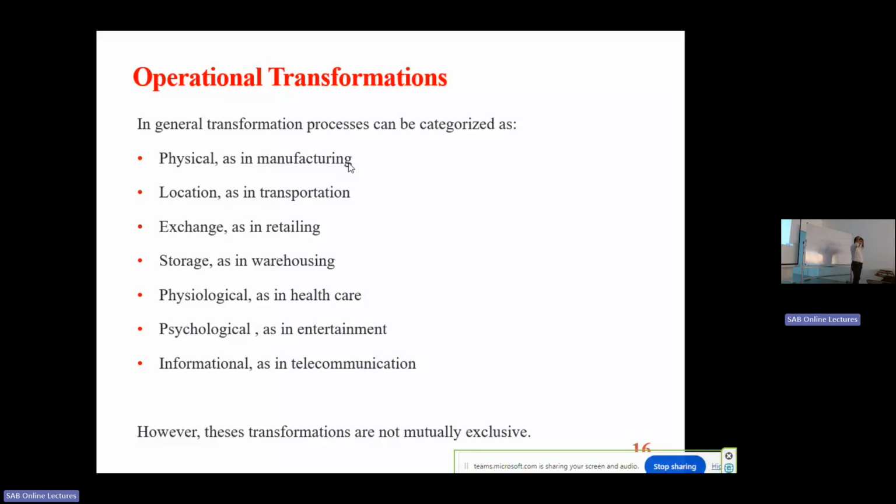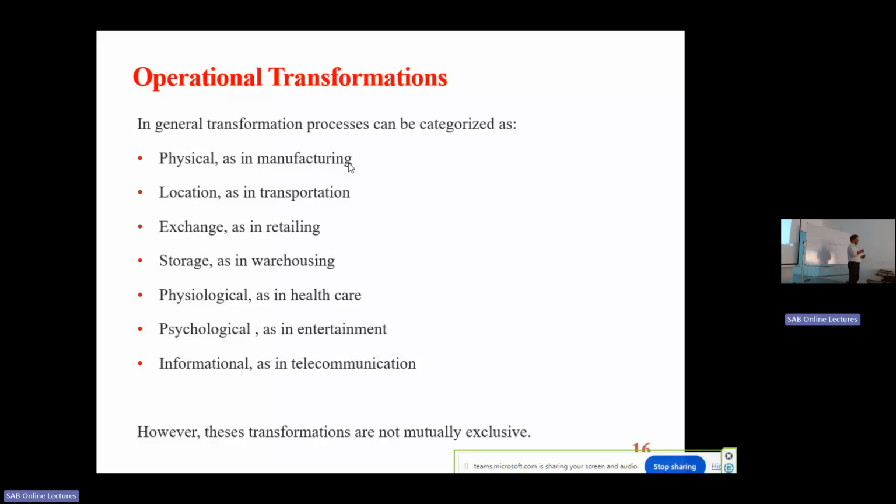No. You understand things, you improve your way of thinking, how to look at things, how to understand. That's informational processing. So in educational institutes, what happens? Information. As in telecommunication, Dialog, Mobitel and all, they process information through the operations. Hope you can understand.